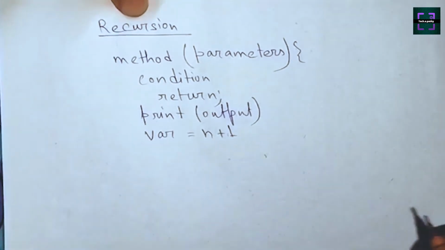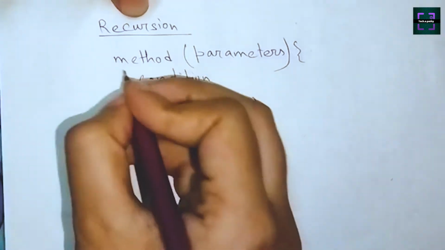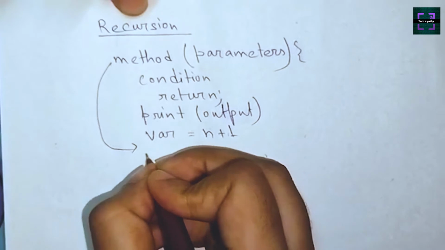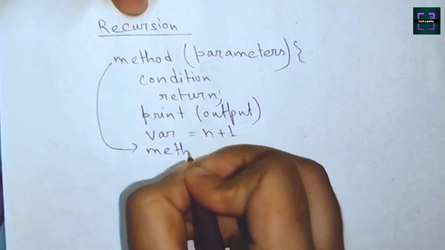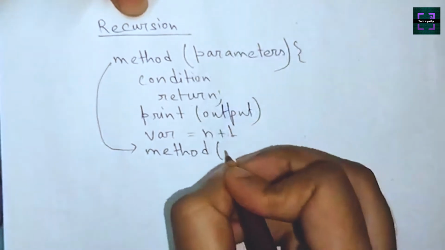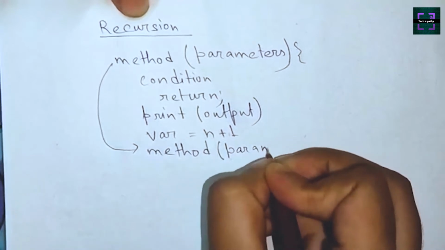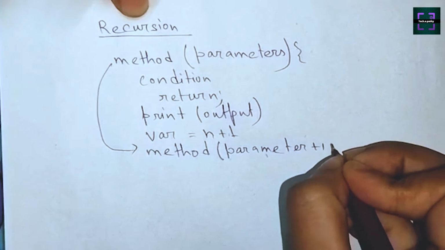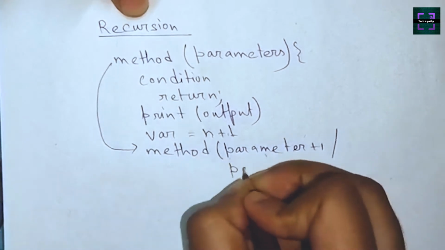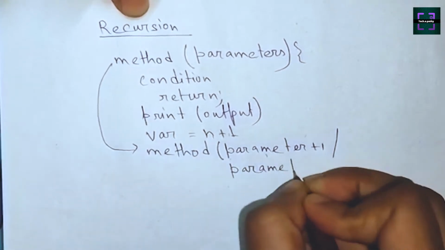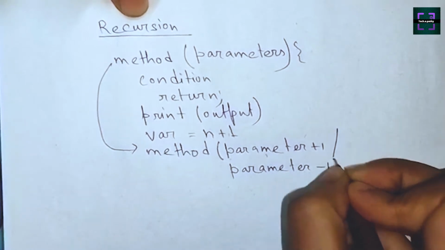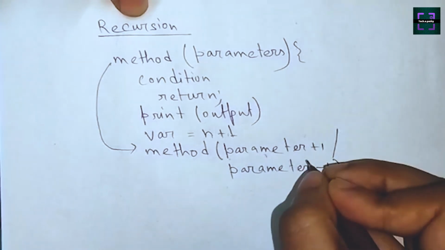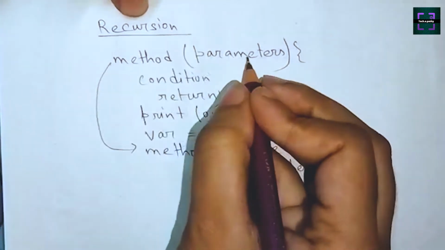Otherwise we simply call this method again, for parameter plus 1 or parameter minus 1, or some logic we use here to call again.